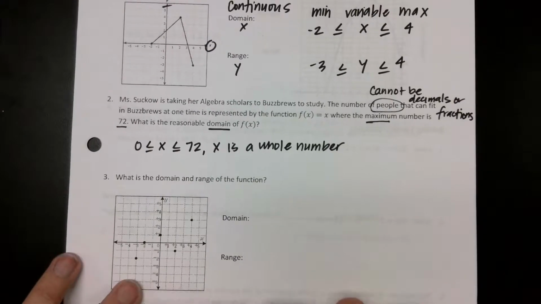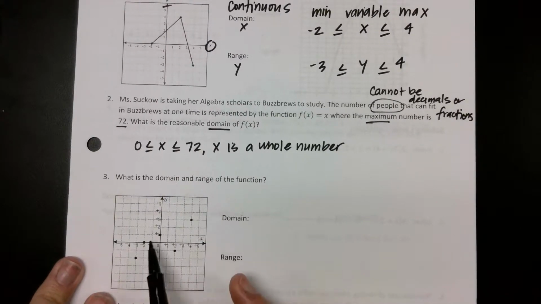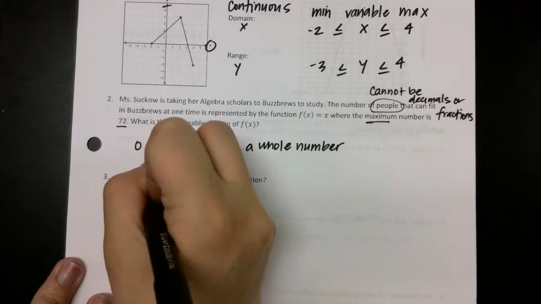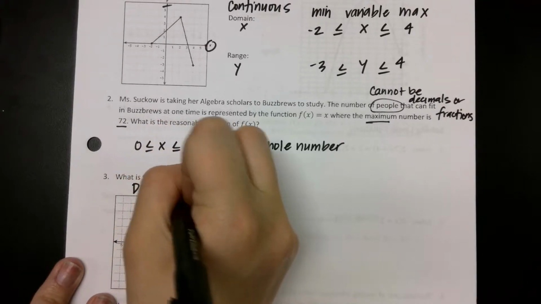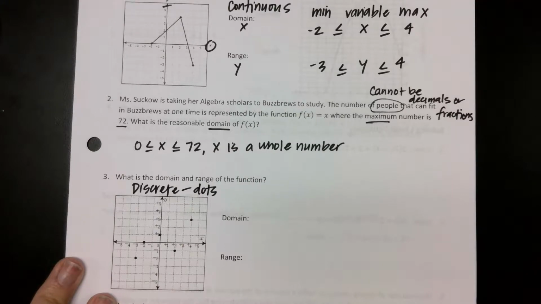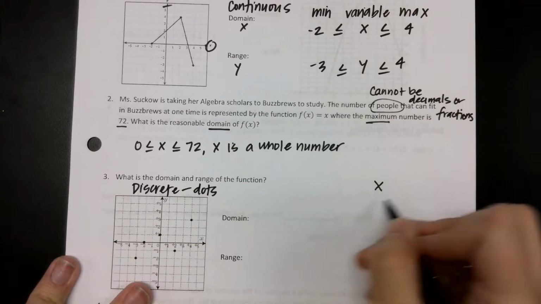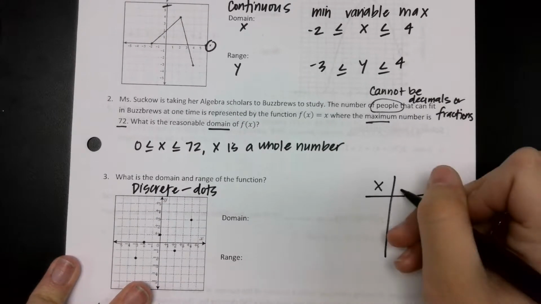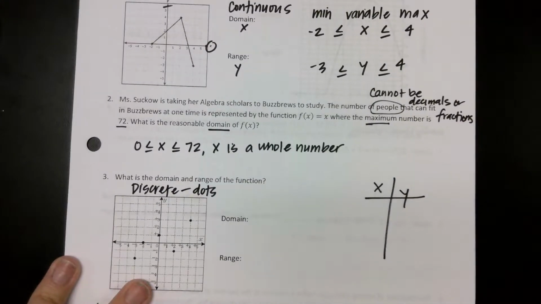Domain and range of number 3. This is a discrete function. How do I know that? Because our data is represented in dots. A useful tool to use here, especially in identifying domain and range, would be to identify an XY table.